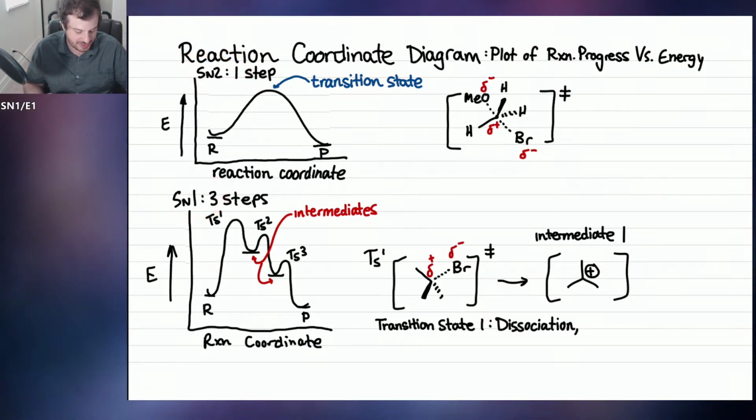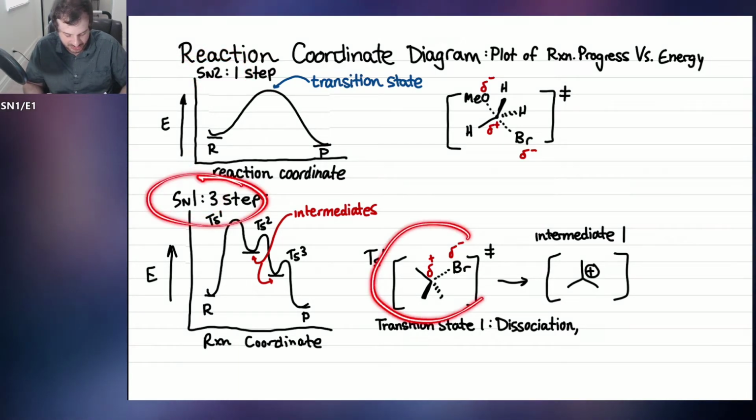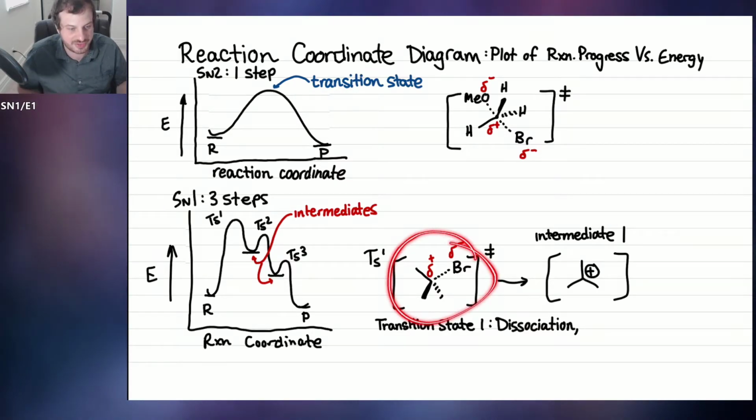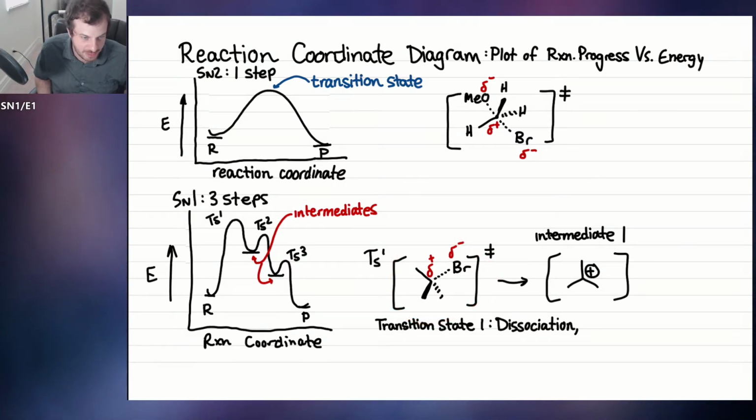Let's look first at the SN1 reaction, highest energy transition state, which is transition state 1. Which molecules are involved with transition state 1? The substrate, the nucleophile, or both? Well, look at transition state 1. It's just the substrate. The nucleophile is not in the picture. In other words, the slowest step, the highest energy step, dissociation, only involves the substrate. The nucleophile is not even in the picture yet.